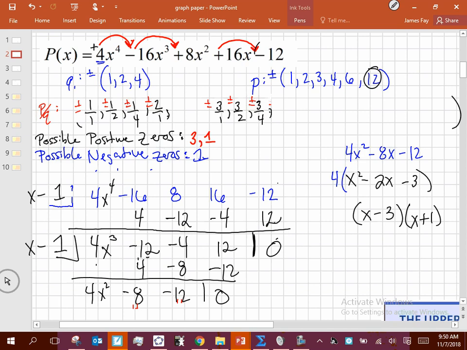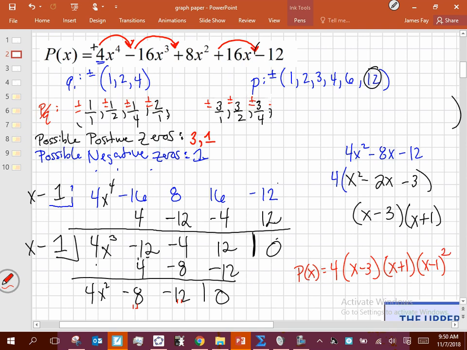So now, look at my factor. We had P of X now is equal to, we have this factor of 4. We have X minus 3. We have X plus 1. And we have X minus 1 with a multiplicity of 2, right? Now think about this.